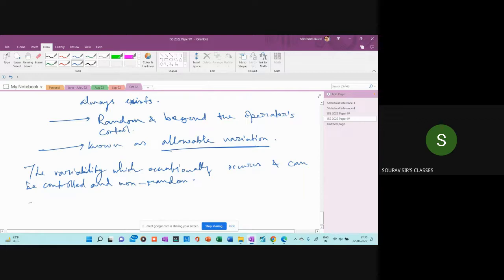What are these? Number one is improperly adjusted or controlled machines.